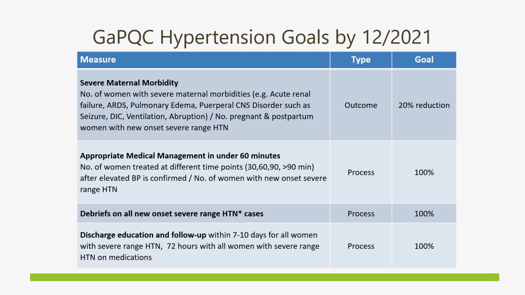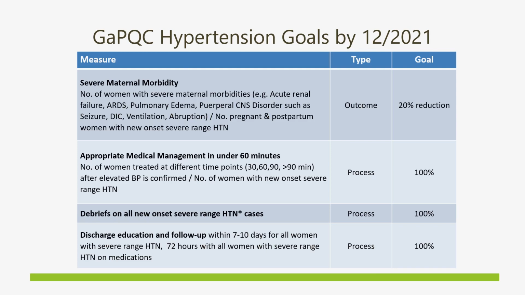And just to review the goals of the hypertension initiative, the number of women with severe maternal morbidities, there'll be a 20% reduction among women with new onset severe range hypertension, 20% reduction by December of 2021.